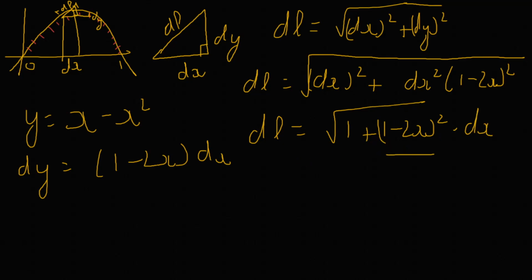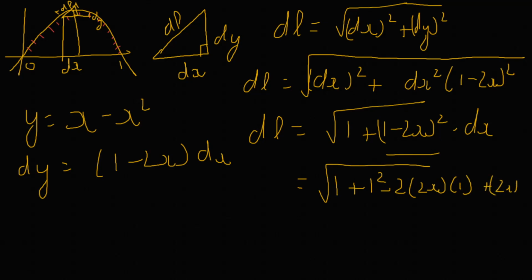Let us expand this square. So we get under root of 1 plus 1 square minus 2 into 2x plus 2x whole square, dx. Dx is not under the root.